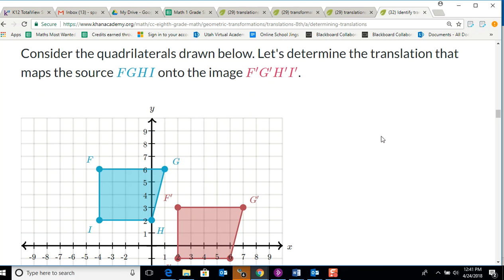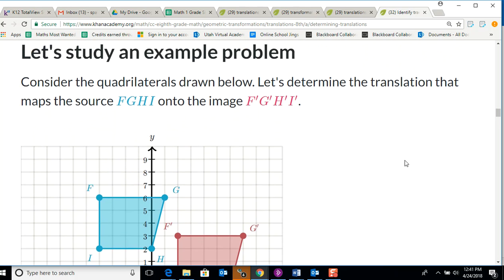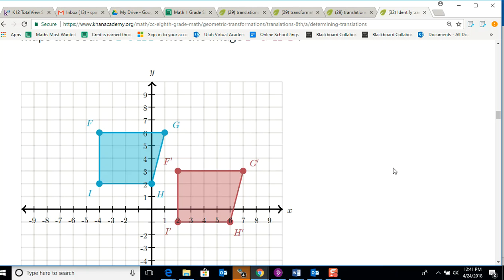So to translate this shape, we would have to take all 4 of the vertices of the shape and move those points to the right 6 and down 3, and that's the way we would translate the blue shape onto the pink shape.